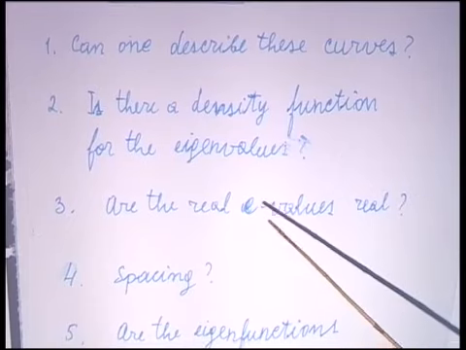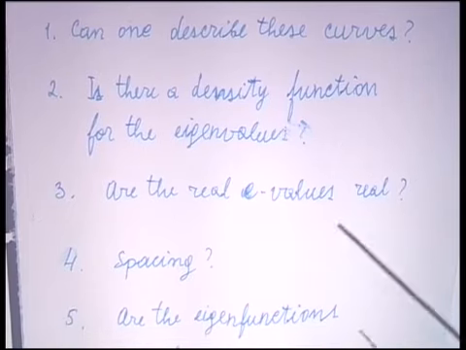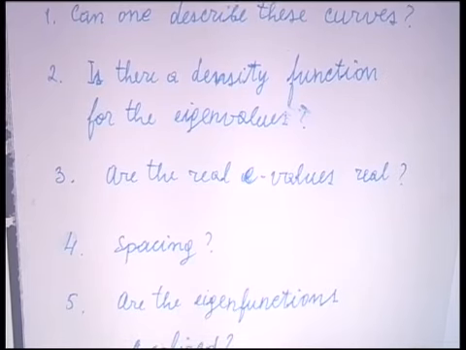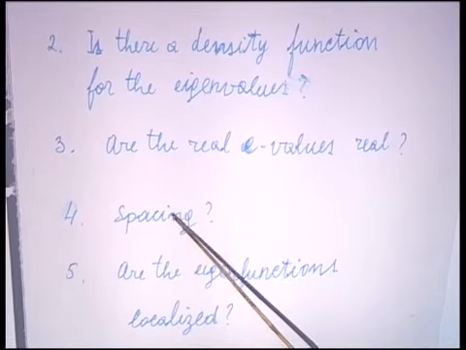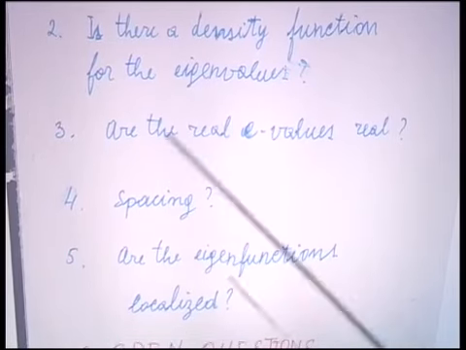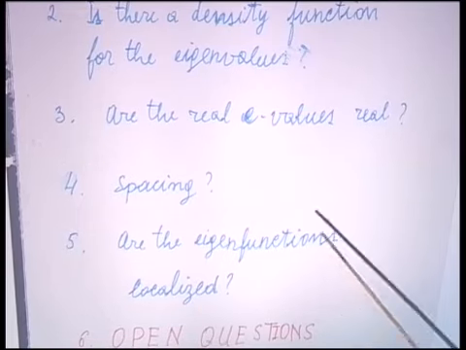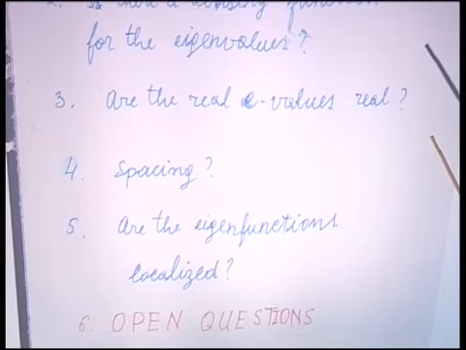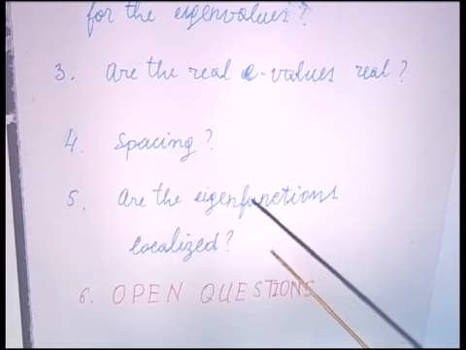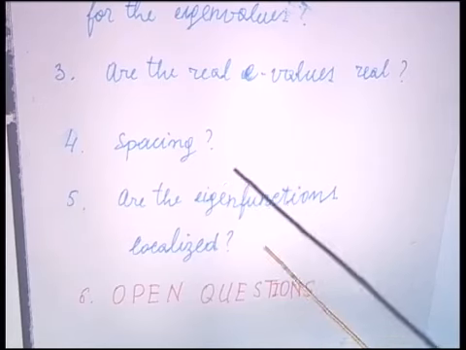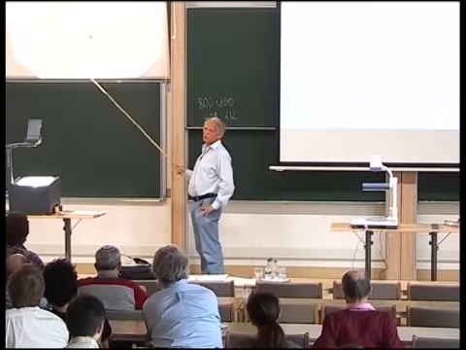And there is a question, are the real eigenvalues actually real? And what about the spacing? And what about the eigenfunctions of these systems? So the usual questions you ask about the self-adjoint case, it is of course very reasonable to ask them here.